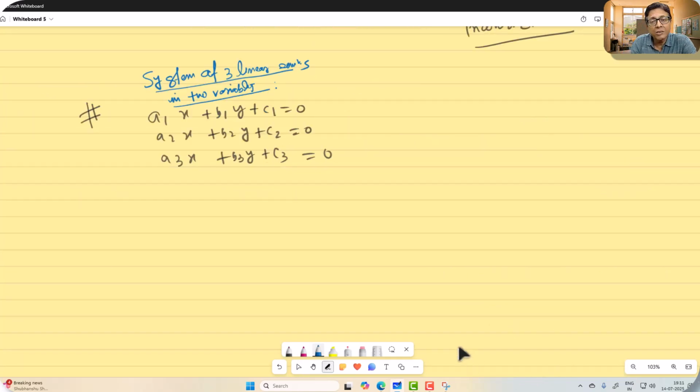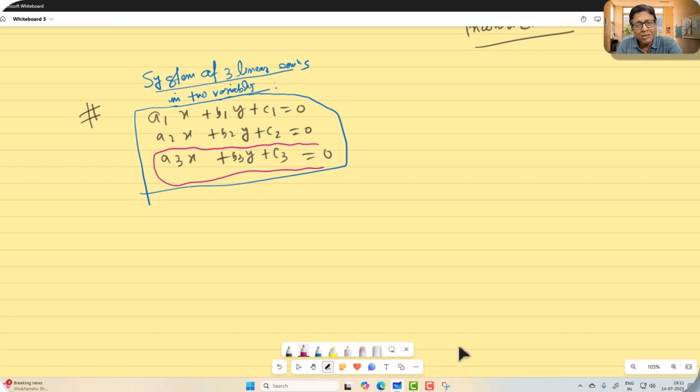So for this system of linear equations, you can see that there are 3 equations but 2 variables. One is extra. What to do with this one? 2 equations and 2 variables you can solve easily by the determinant method, by cross multiplication, by any method. But if 3 equations are there, then the determinant is a powerful method to check the consistency.